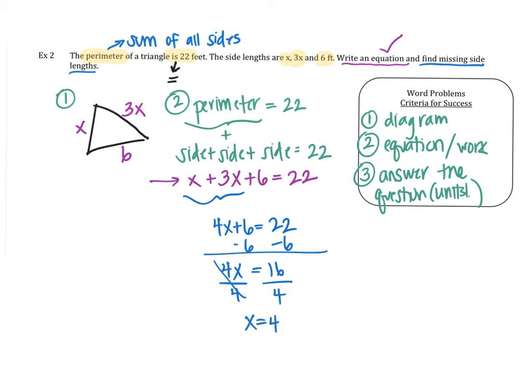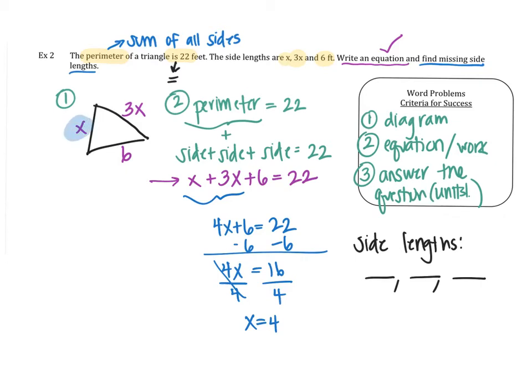Okay, but I'm not done because think about the question. It said find the missing side lengths. So now we're going to answer the question. Remember, I have 3 side lengths. What I like to do, if I'm answering 3, is leave 3 blanks. Let's talk about the first side length. The first side length we mentioned is an x.